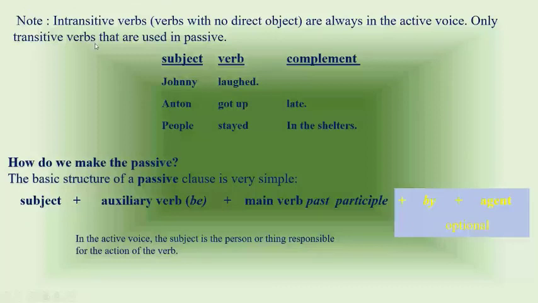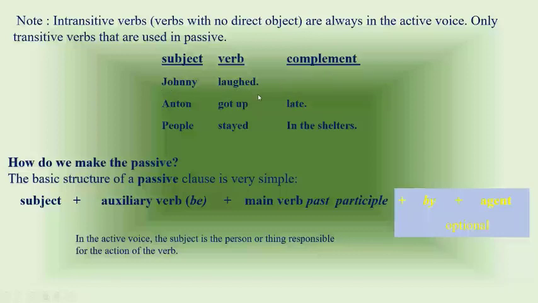Note, in English we have 2 types of verbs, intransitive and transitive. Intransitive verbs are verbs with no object, or at least no direct object, while transitive verbs have at least one object. So, because intransitive verbs have no object, we cannot put them in passive. For example, Johnny laughed. No object.